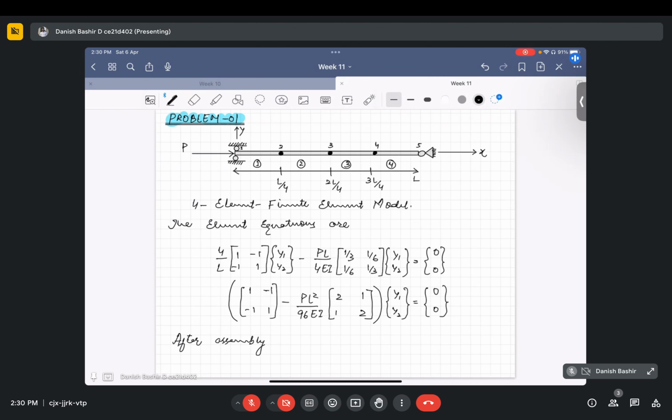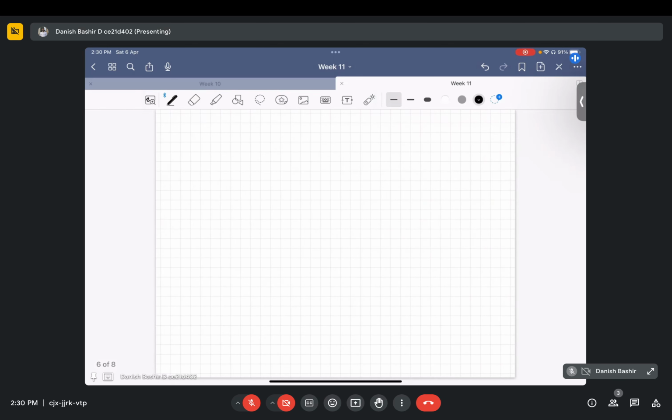After assembly, the global equations are as follows. So the global system will look somewhat like this.